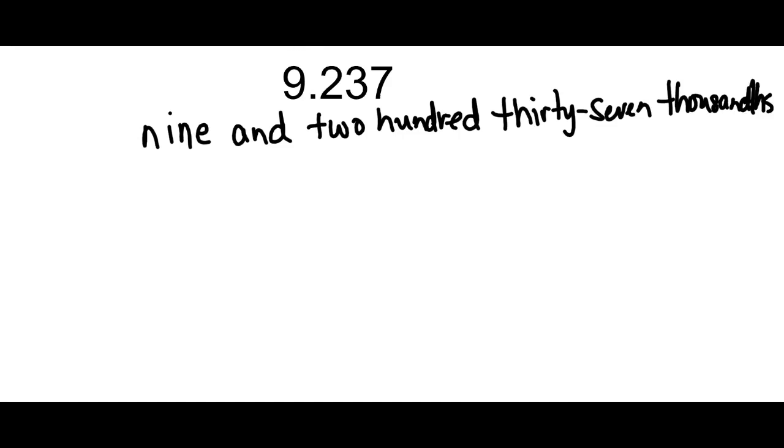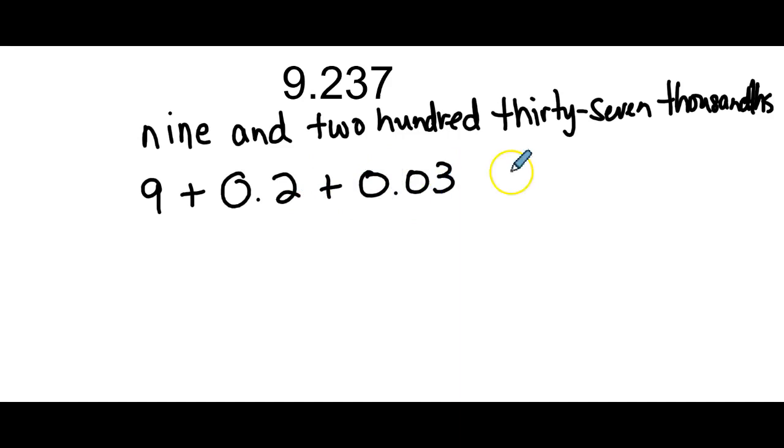Now when we go into our expanded form, we're going to start with the 9 ones, so that is worth 9, plus we have 2 tenths, plus we have 3 hundredths, plus 7 thousandths. And then in expanded notation, I'm going to do it in fractions this time.